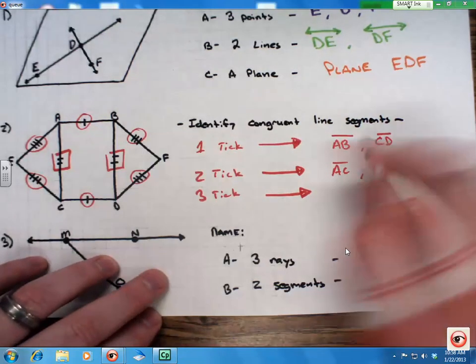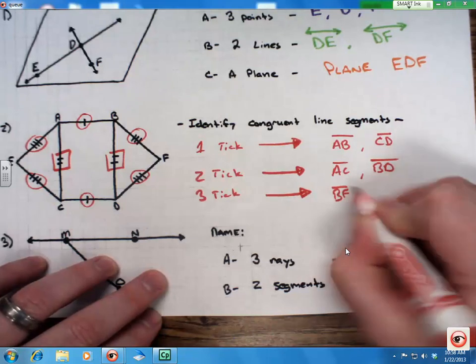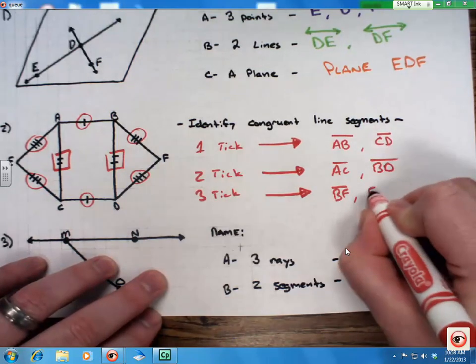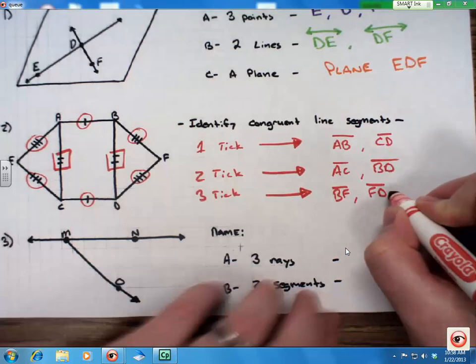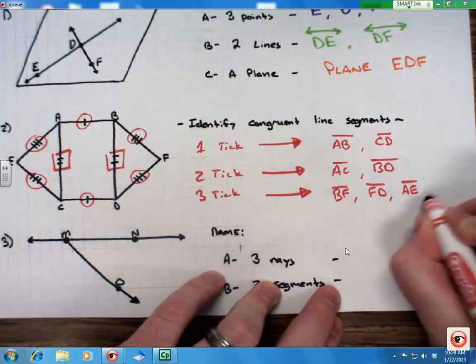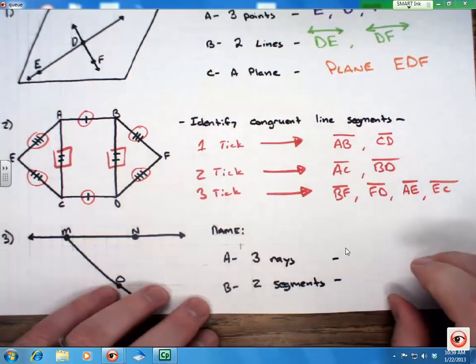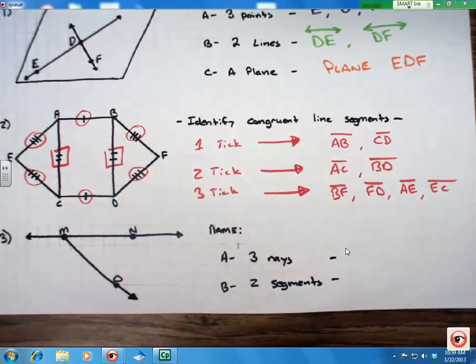So we could start with BF there, and then FD, and then we can go over here to AE and EC. Okay, and all those are congruent based on the little lines that are on the line segments. Okay?